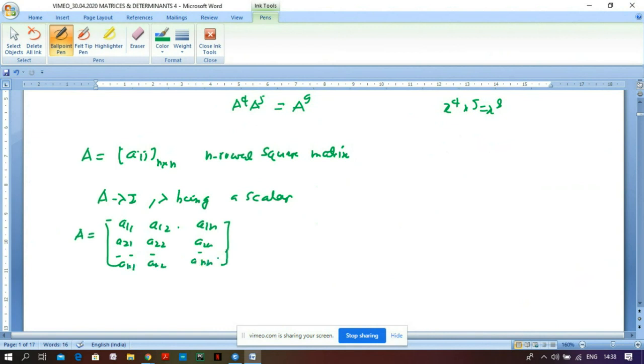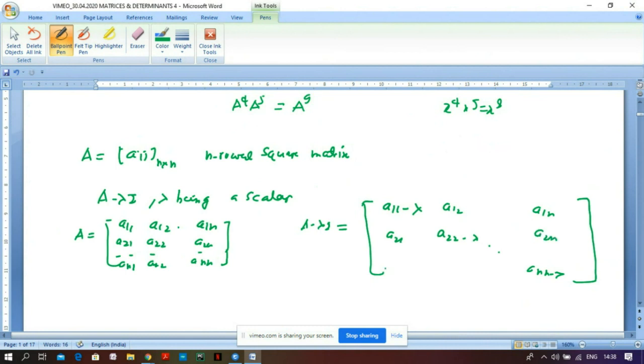If this is the matrix A, then A minus lambda I is a new matrix in which the elements in the diagonal get subtracted by lambda. So A11 minus lambda, A22 minus lambda, all the way Ann minus lambda. Others stay put, others remain the same, A12, A1n, and similarly A21 and A2n, and An1 and An2 and all those numbers.